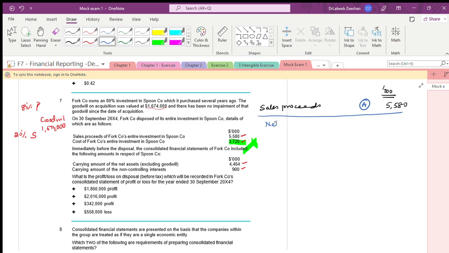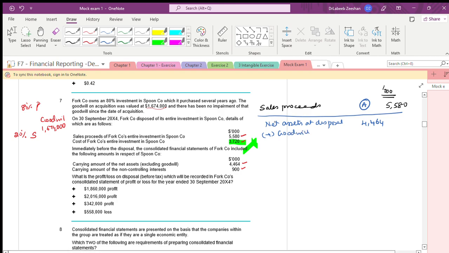Now net assets at disposal. How much are the net assets? 4,464. Next, add goodwill. How much is the goodwill? 1,674.